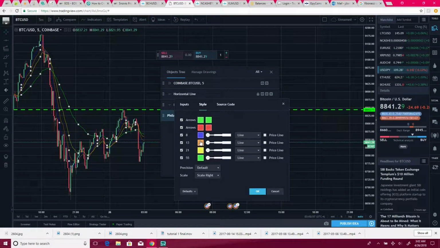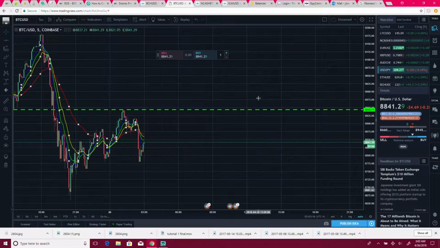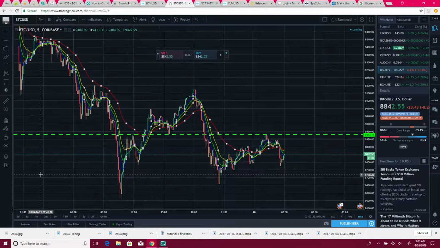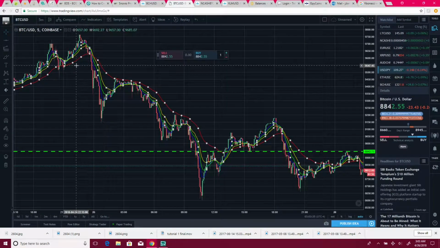I like to change these so that I can line them up. So keep in mind when you guys do this on your own, your colors are going to be different, so don't get confused. Keep in mind that I changed the colors. But check out this 55 moving average, the 55 EMA, which is the slow moving average.